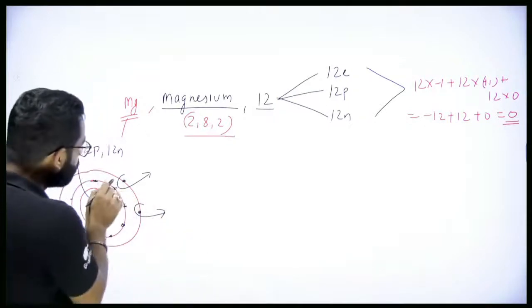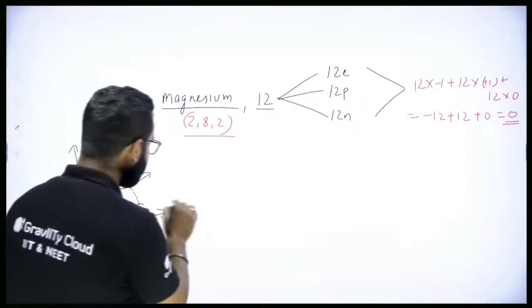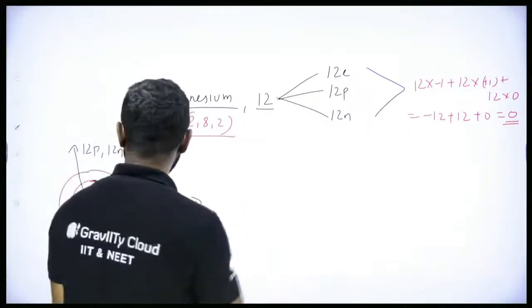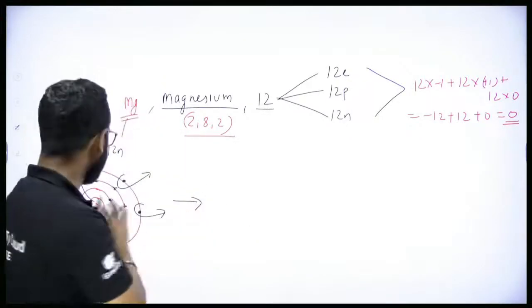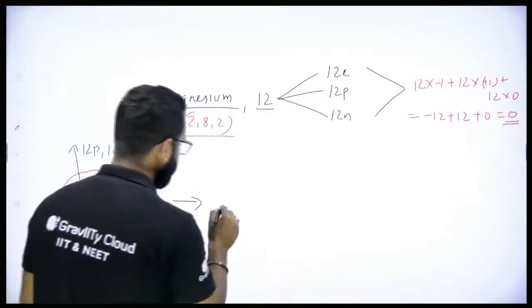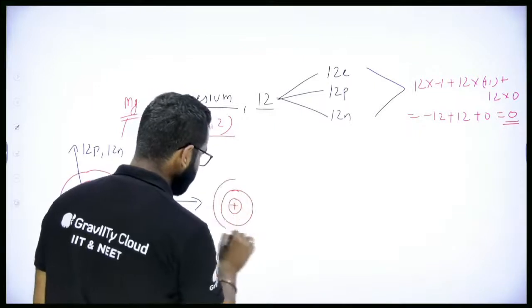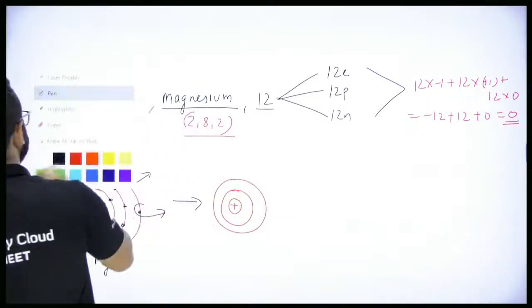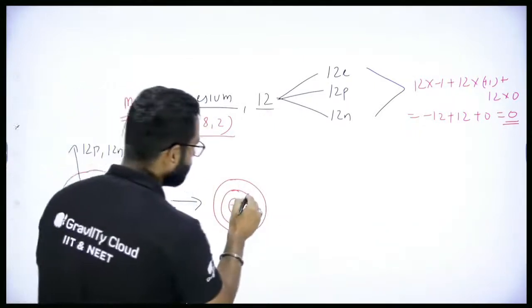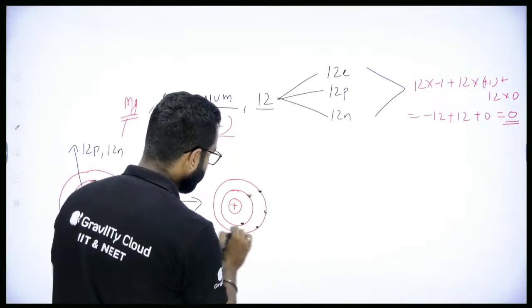After removing these 2 outer electrons, we get another shape of atom, and it will be like this. This is my nucleus, right? This is my K shell, first shell. This is my second shell. Now the inner shell has 2 electrons and the second shell has 8 electrons.